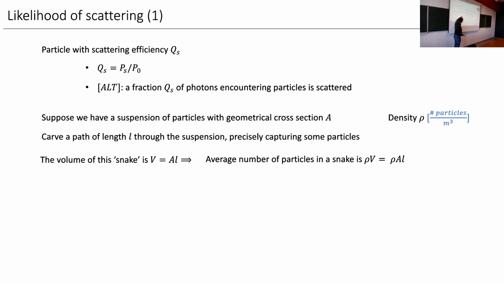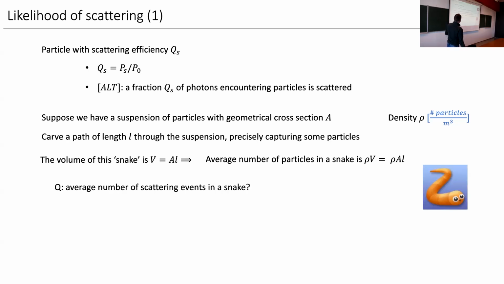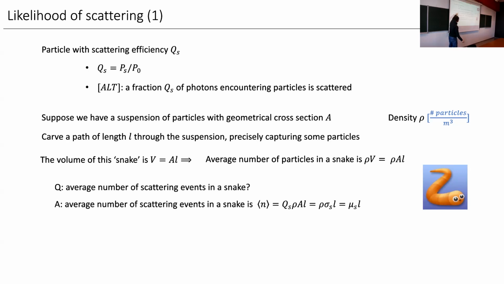The volume of the snake is A times L, and the number of particles in it is rho times A times L. So the average number of scattering events is counted by scaling with Q, the efficiency: Q times rho times A times L. It can be simplified: the scattering coefficient times L is the average number of scattering events.